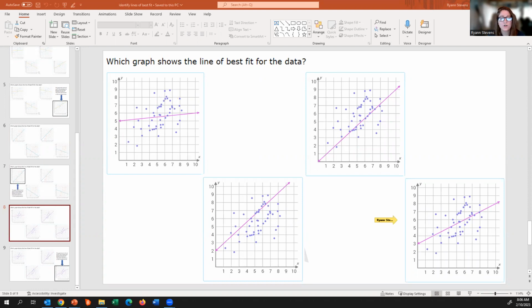What we need to do is determine which one is going to have approximately the same amount of points on the top of the line as on the bottom. So if we start with this graph here and count the points, we have 22 on top.